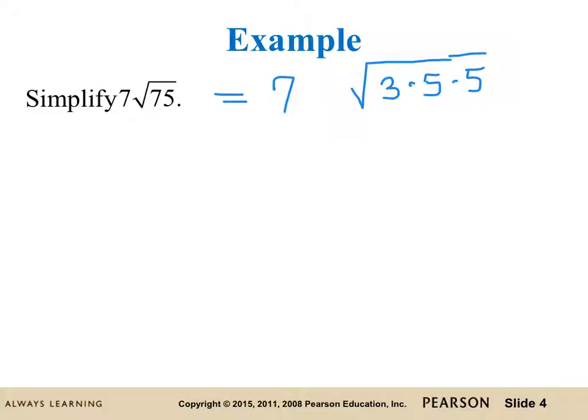And because 5 times 5 is a perfect pair, we're going to bring that 5 outside and multiply it times the 7. So 7 times the square root of 75 becomes 35. 7 times 5 is 35 times the square root of 3.